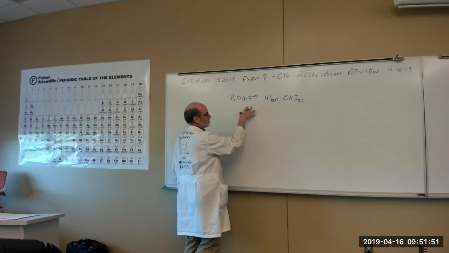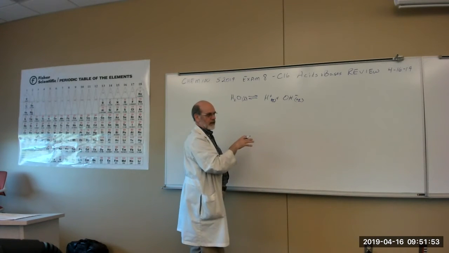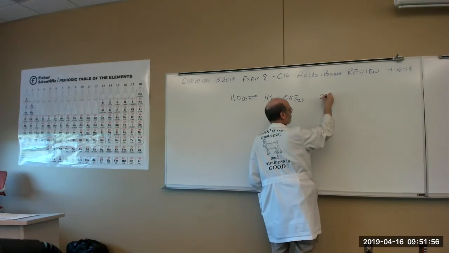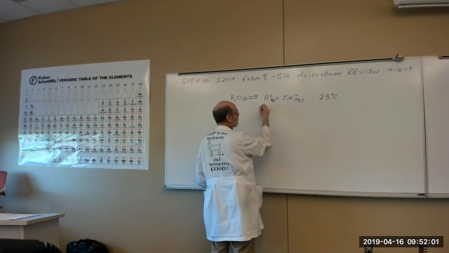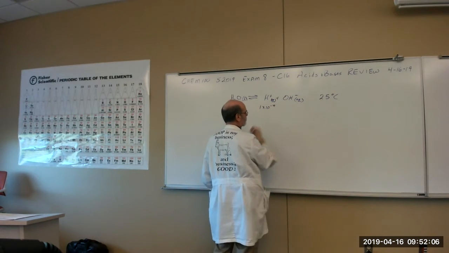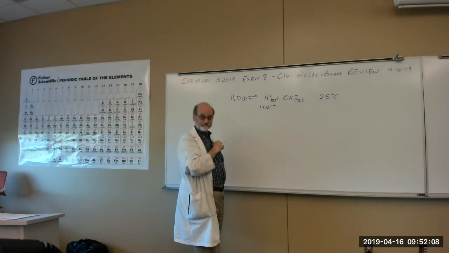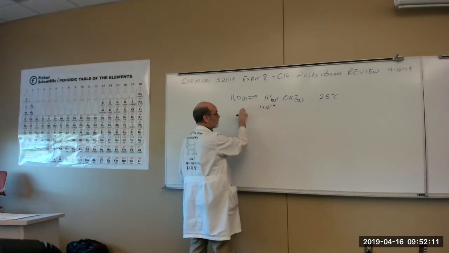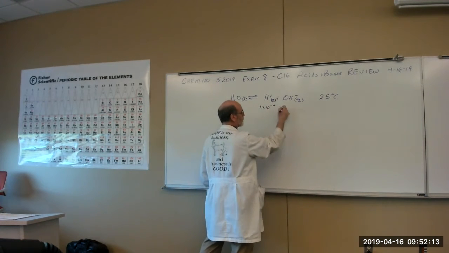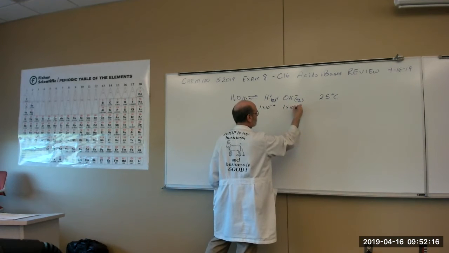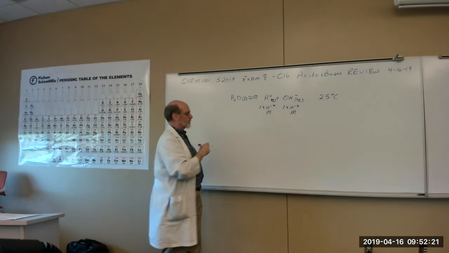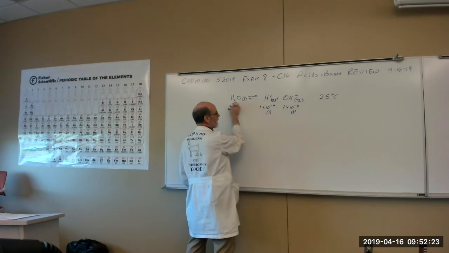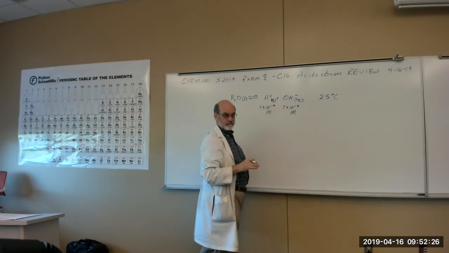So when that happens, pure water at 25 degrees centigrade, this concentration for hydrogen is going to be 1 times 10 to the minus 7 molar. And since it came from this molecule, and these are 1-to-1 ratios, this one has to be the same, because when you dissociate this, you're going to get an equal amount of that on both sides.